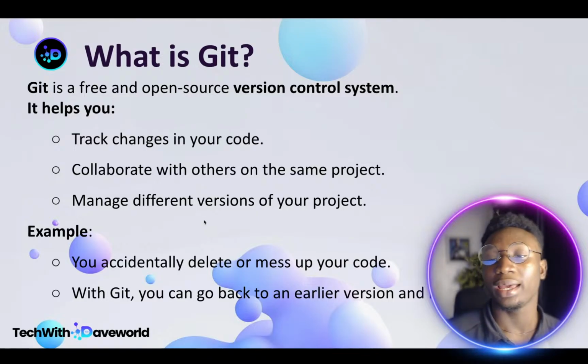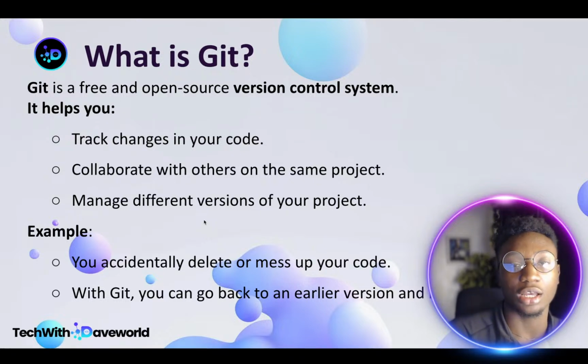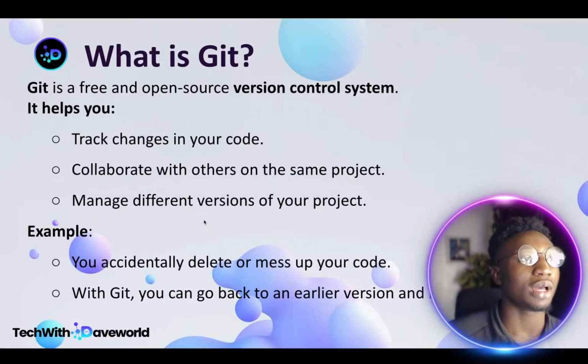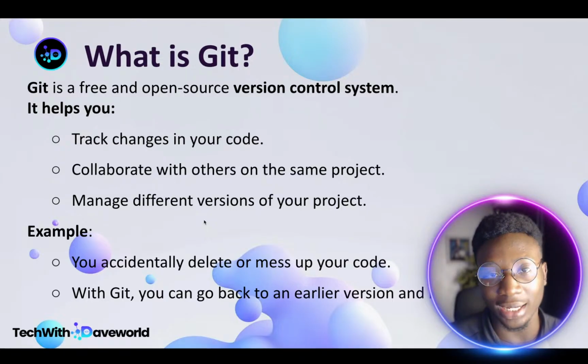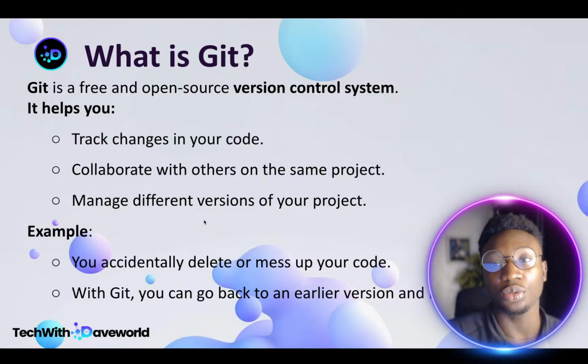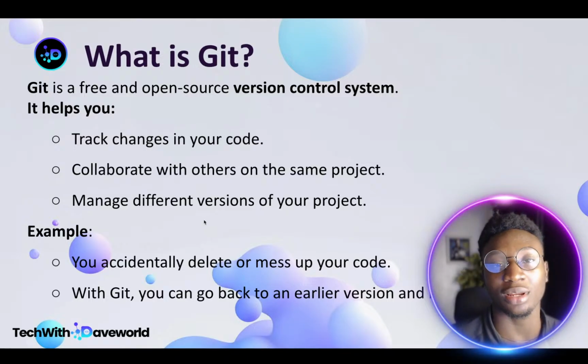All right, so for example, let's say you accidentally delete or mess up your code, right? Like I said in the beginning, if you make changes to your code intentionally, that's one thing. But let's say for some reason you accidentally delete a particular piece of code in a particular file, or you basically messed it up.